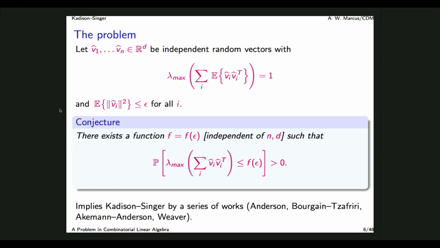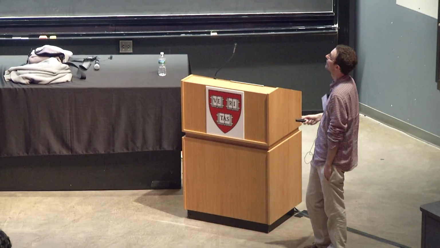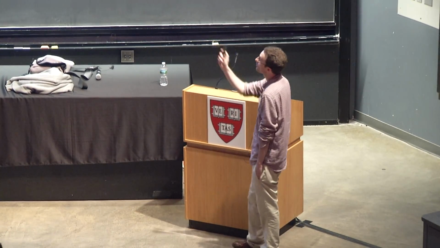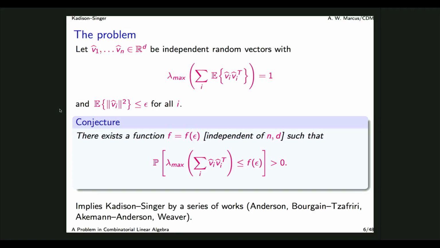Then the conjecture is that there exists a function f, which is independent of n and d, n being the number of vectors and d being the dimension, such that the probability that lambda max of the sum is less than or equal to f of epsilon is greater than 0. And as Nikhil proved previously, this implies Kadison-Singer by a series of works by Anderson, Bourgain, Tzafriri, Akemann, Anderson, and Weaver.